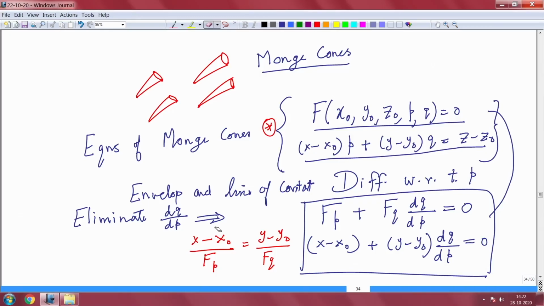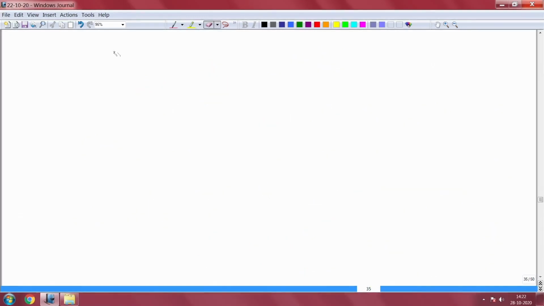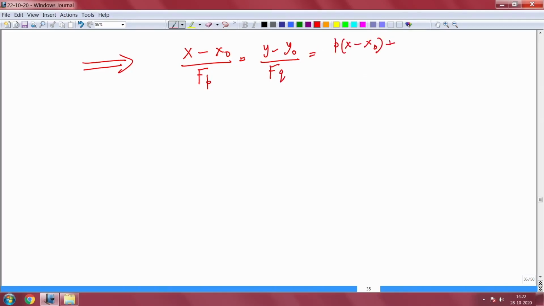So I will combine that. If you combine, you get this equation (x minus x naught) by f_p is equal to (y minus y naught) by f_q, is equal to, I can multiply and do that, p into (x minus x naught) plus q into (y minus y naught). So I am multiplying and dividing. This is a standard thing which you know.